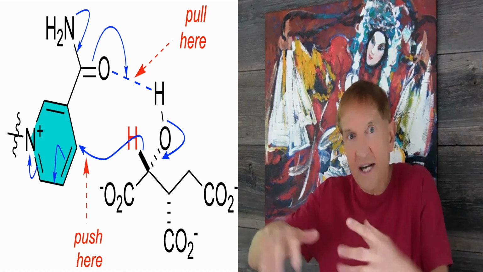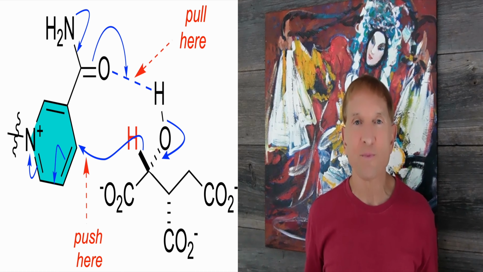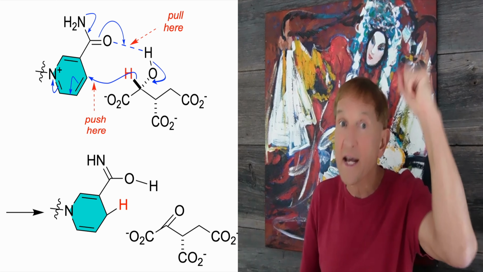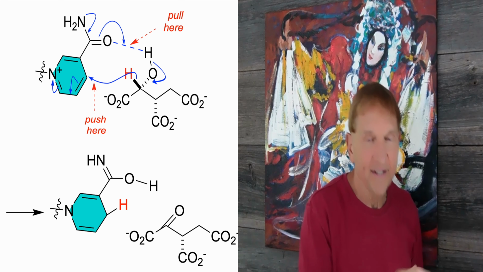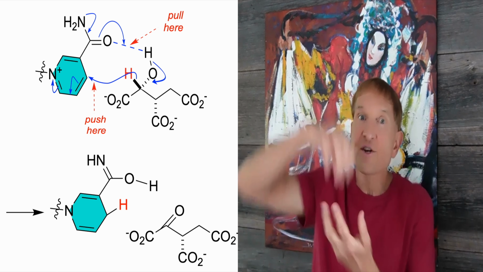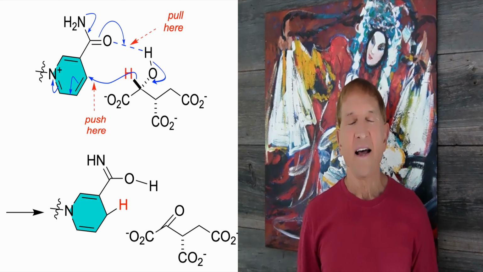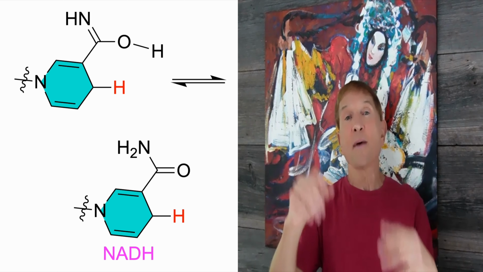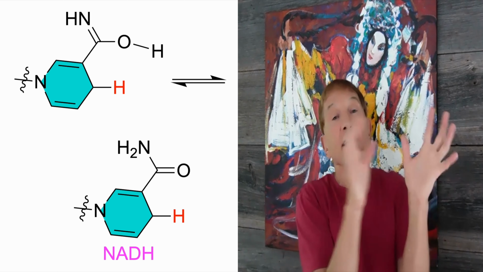The piperidinium pulls on the H minus, and together they tug off the elements of H plus and H minus, giving a ketone, alpha-ketoglutarate. And of course, all the time in equilibrium, the enol form of that amide reverts back to its predominant form, the keto form.